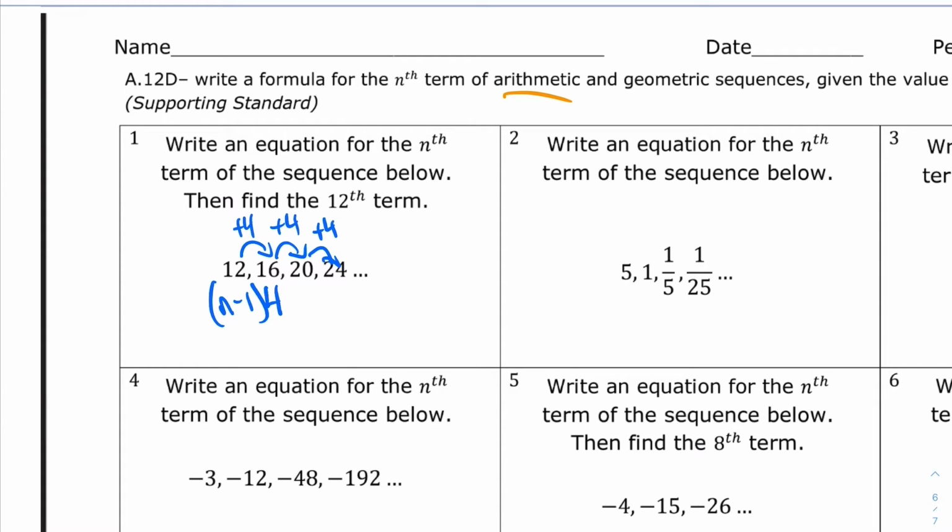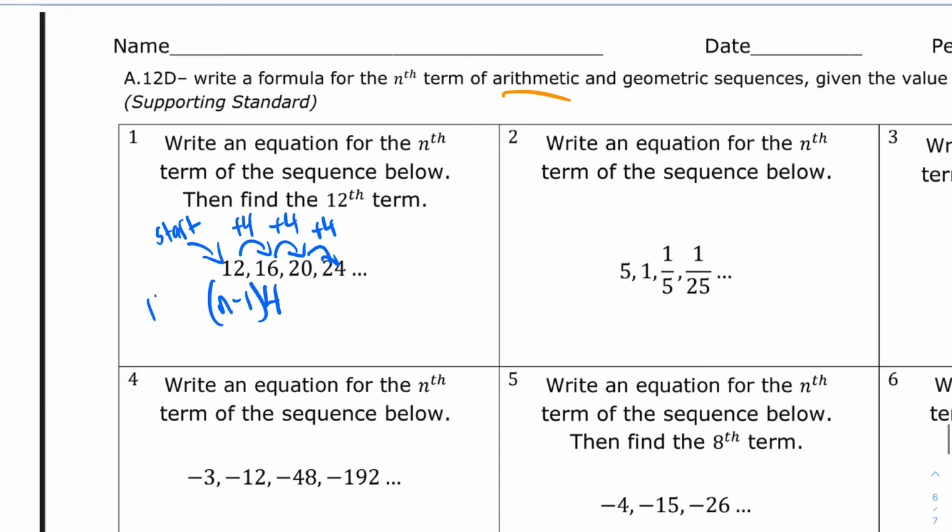The only thing we need to make this into the correct formula is to write the starting number. The starting number is 12. So we're just going to put 12 plus n minus 1 times 4 equals.